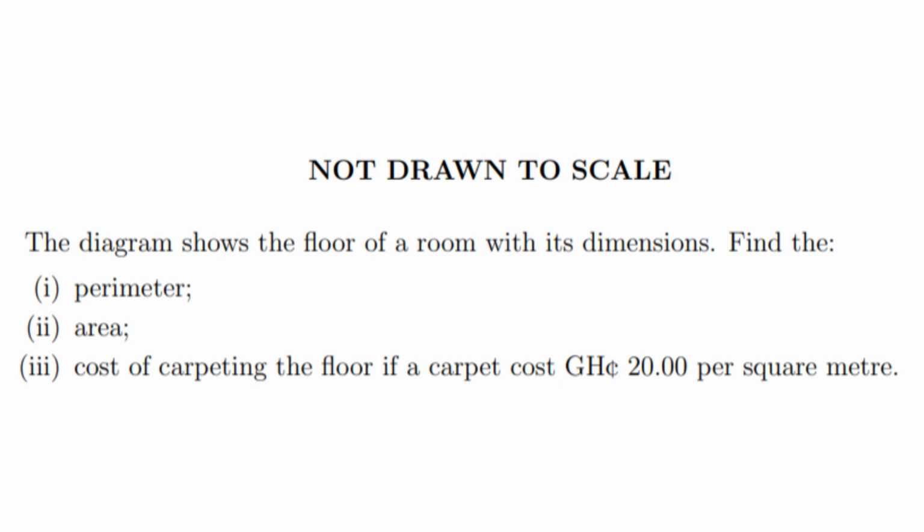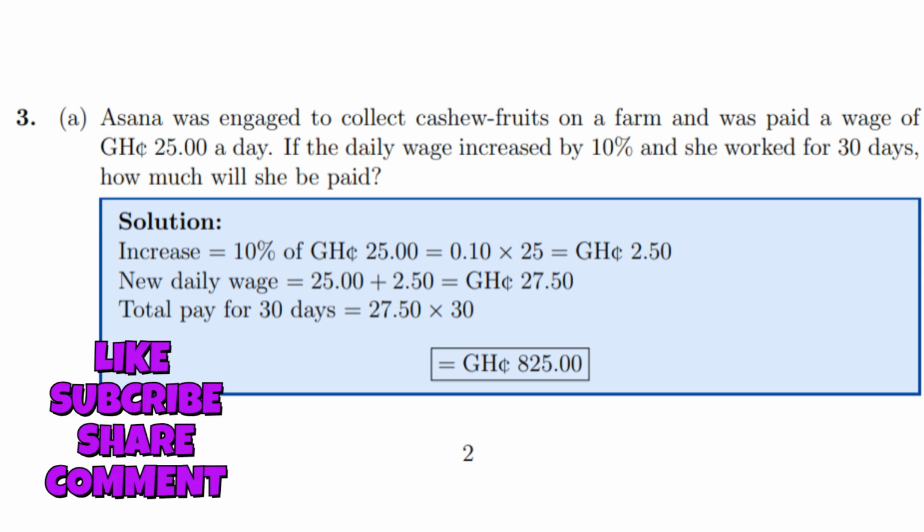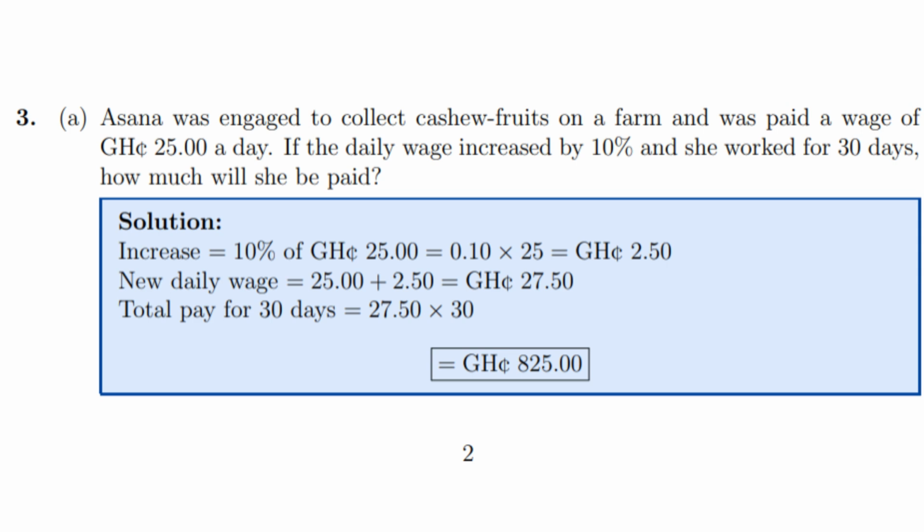So let's look at the answers for question 3A. The daily wage increased by 10%, and for a daily wage she gets 25 a day. So the 10% increase of 25 will give us 2 cedis 50 pesewas. Then the new daily wage will be 25 cedis plus 2 cedis 50 pesewas, which gives us 27 cedis 50 pesewas.